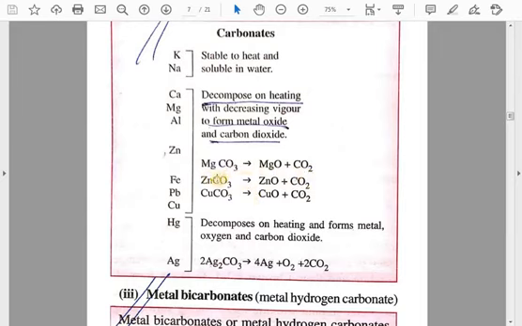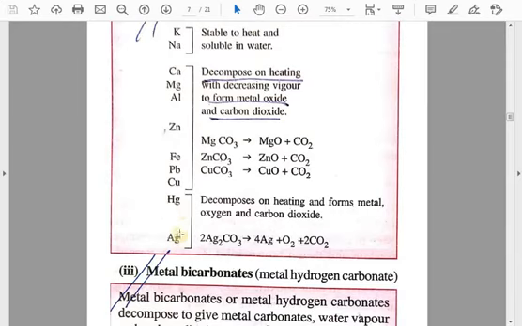You can remember always, if you are heating carbonates, you will definitely get carbon dioxide as one of the products. Third group is similar to the previous one, mercury and silver. They again decompose to form metal, oxygen and carbon dioxide. In case of hydroxide, the products were oxygen and water. Here, carbonates, so one of the products is carbon dioxide.